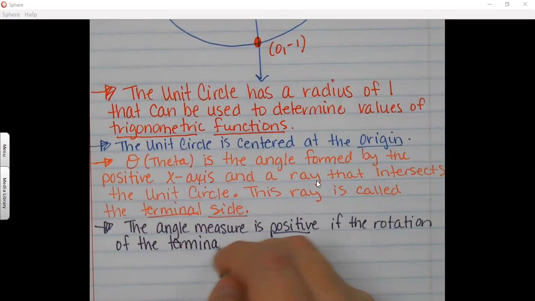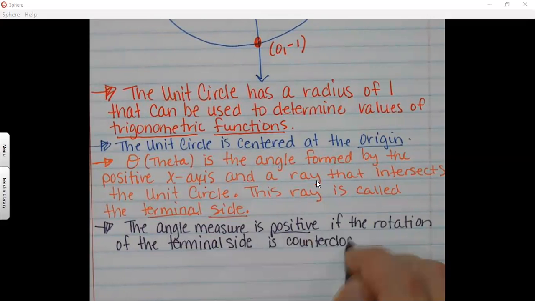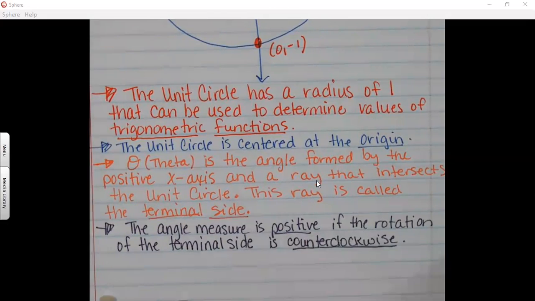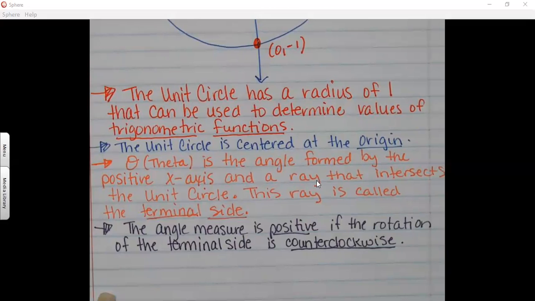Y'all know what counterclockwise means, right? When you're looking at a clock, the normal rotation of the clock hands goes this way, right? That's clockwise. So if you were to wind a clock back and go the opposite direction, that's counterclockwise.